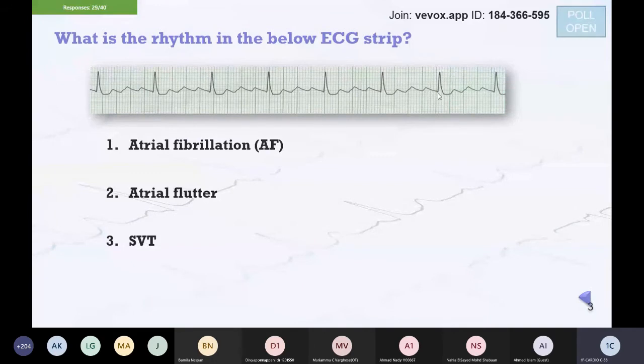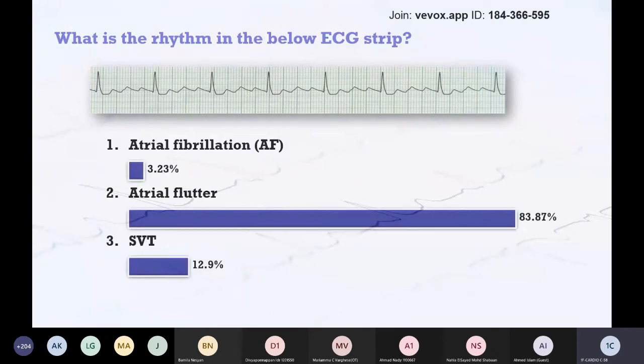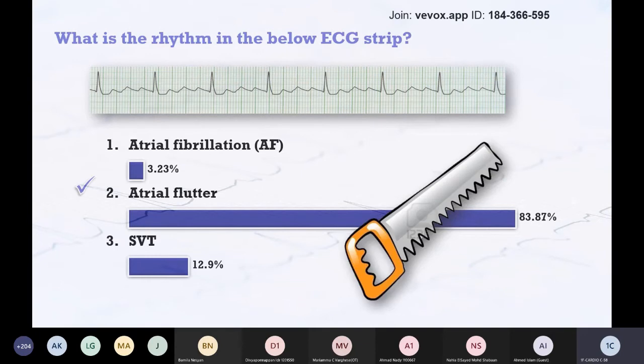Is it atrial fibrillation? Is it atrial flutter or SVT? Time is up. 31 people. Good guys. So 83% chose atrial flutter, which is the correct answer here, because this is like the sawtooth for the carpenter. As I told you, this is sawtooth. It's F wave, not a P wave. Okay.